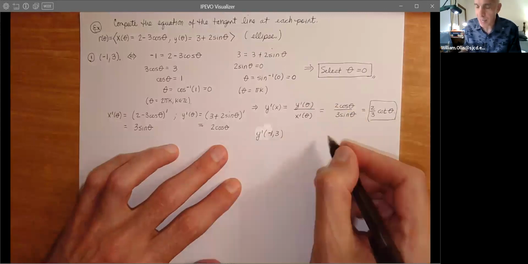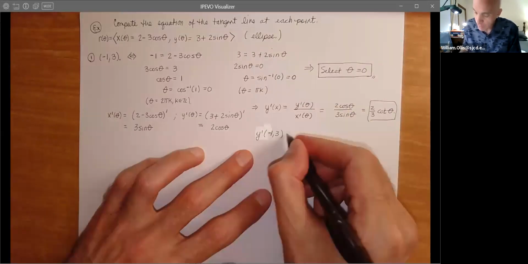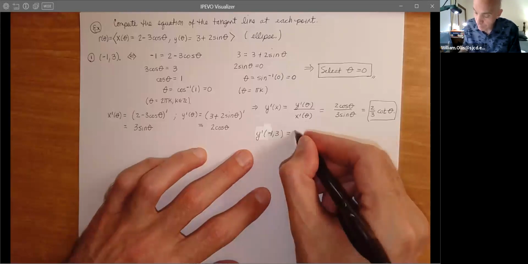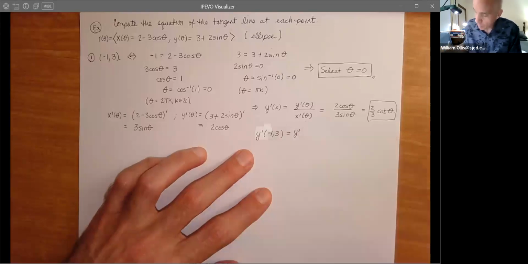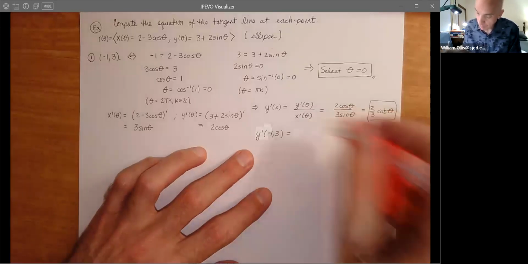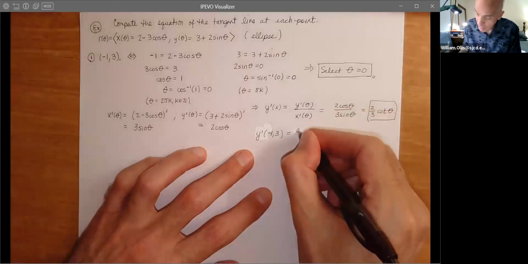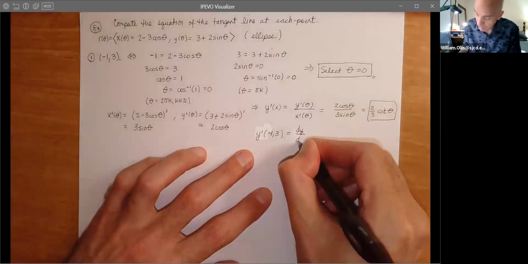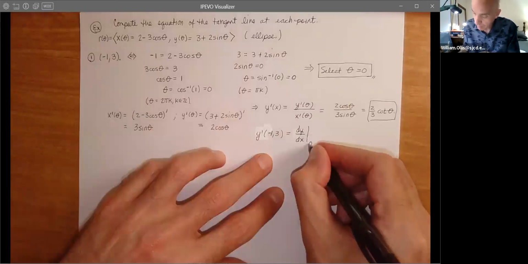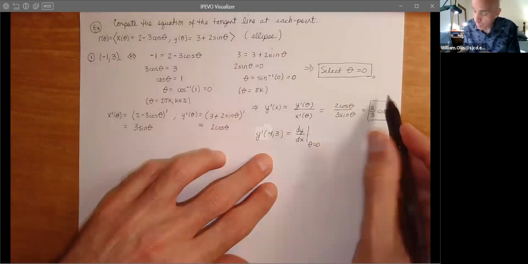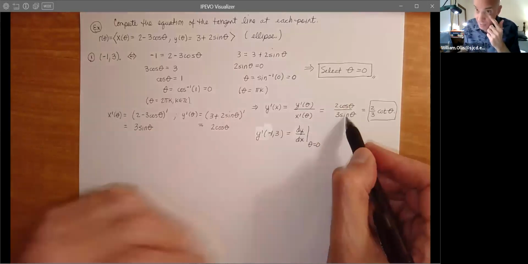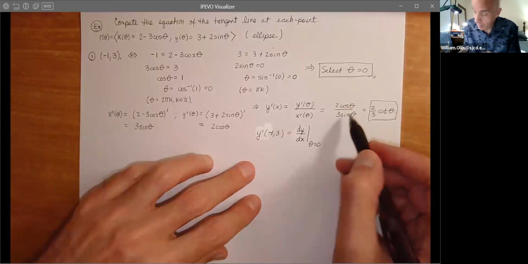That's pitiful, but that's what we use. Let me write it this way, like I did before. We could write this as dy dx when theta is equal to 0. But now, of course, when theta is equal to 0, this is undefined because we got sine of 0. So we just say undefined.